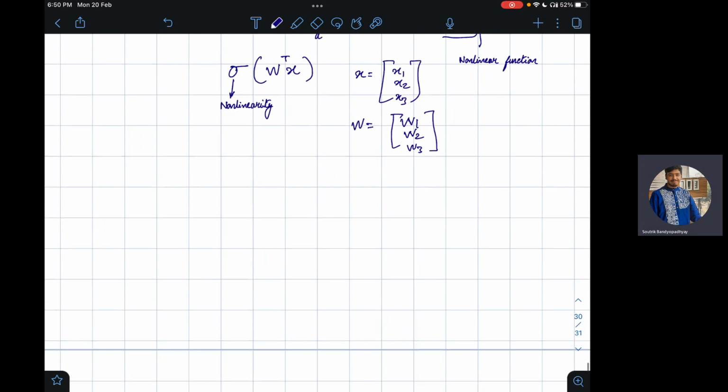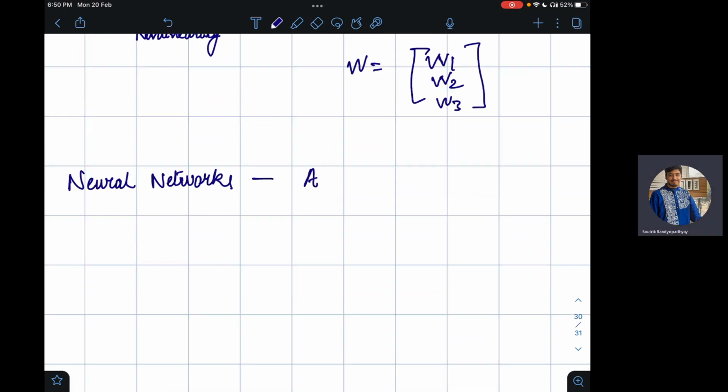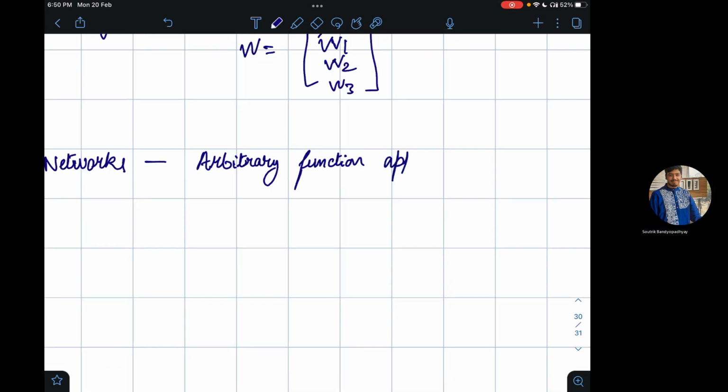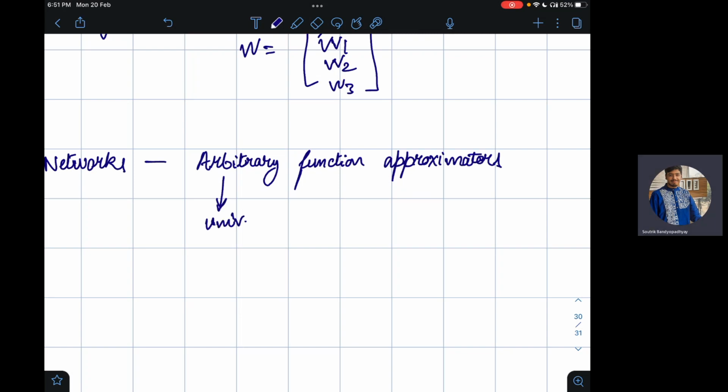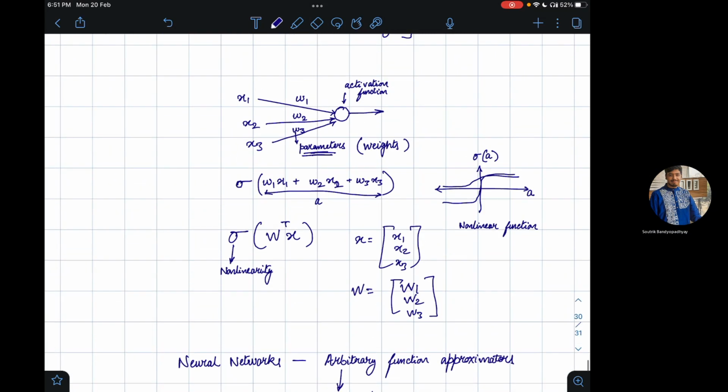So neural networks are oftentimes known as arbitrary function approximators or universal function approximators.